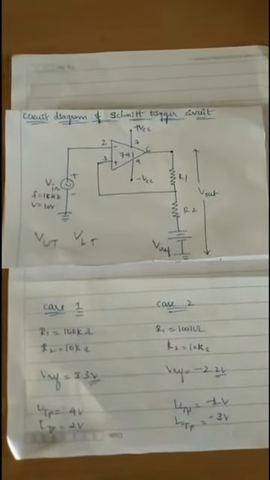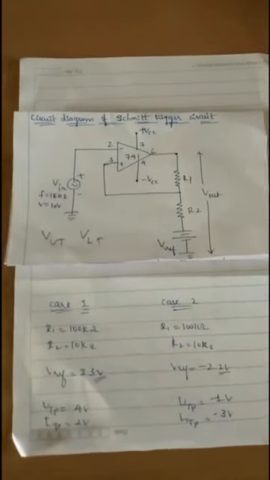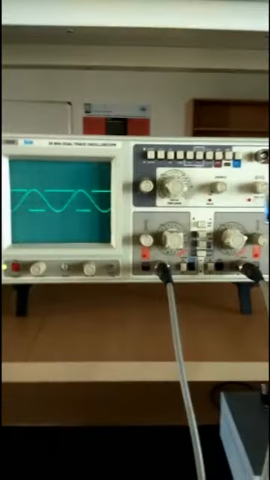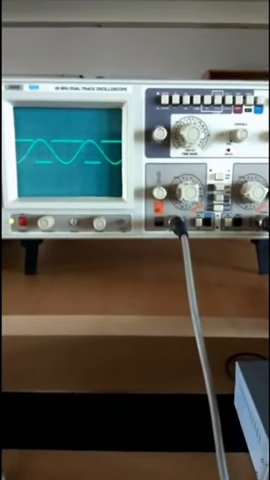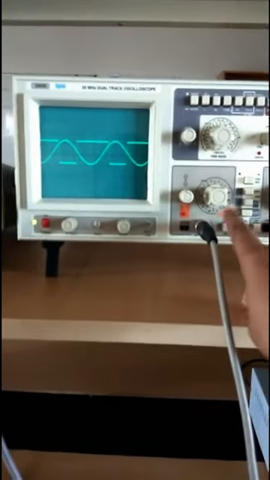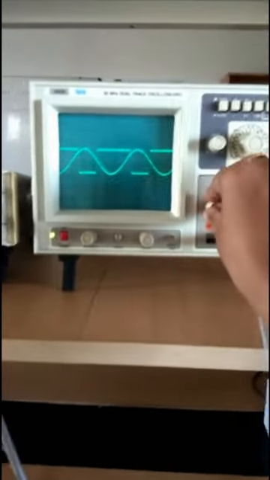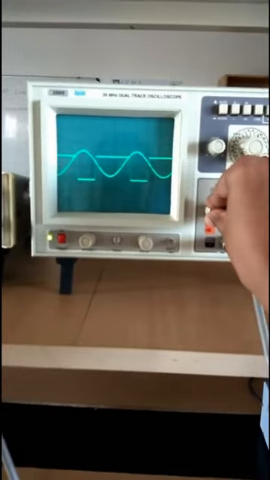After the circuit is rigged up, let us see the output now. Channel 1 is taken as input, which is the sine wave, and channel 2 is the output we have obtained, that is the square waveform.